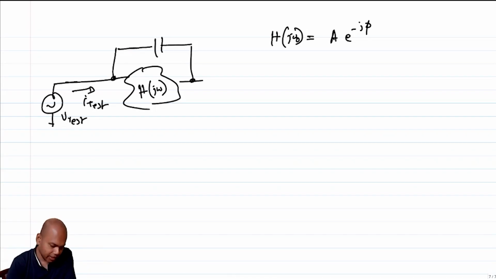So if this is the case, then what is V naught? V naught will essentially be V test times A times e to the power minus j phi, right? So then what will be I test?